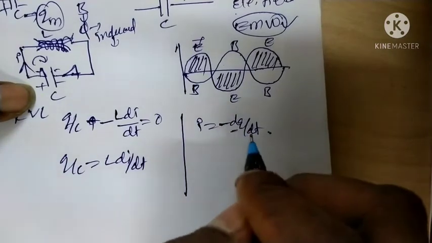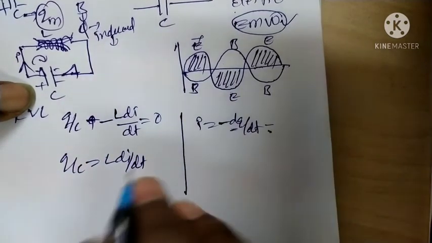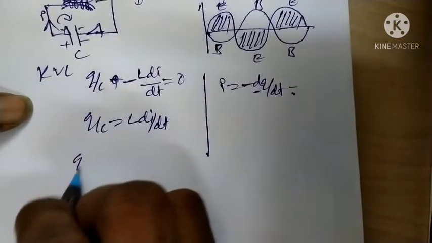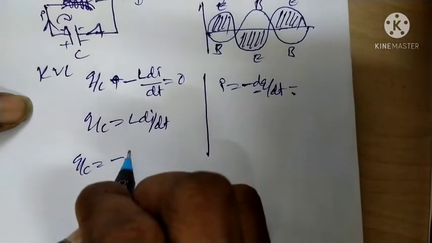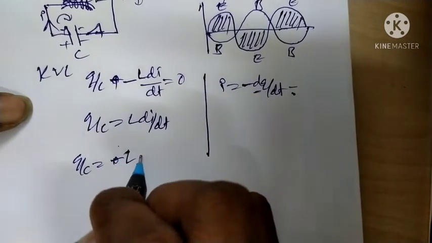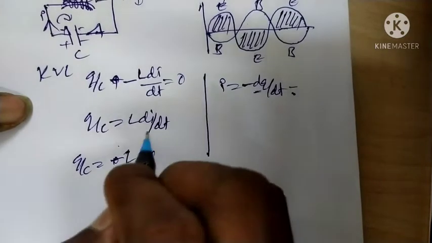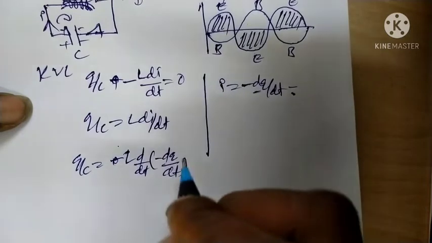The charge carriers in the capacitor decrease, so the negative sign indicates the decrease of the charge. Substituting this value in the equation, Q by C is equal to L dI by dt. What is the I value? Minus dQ by dt.